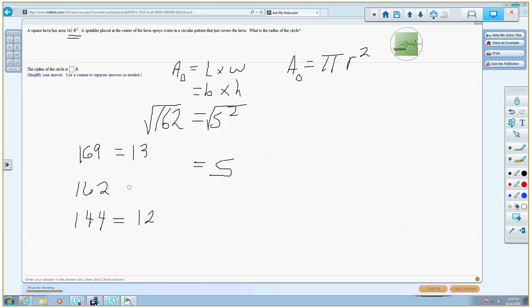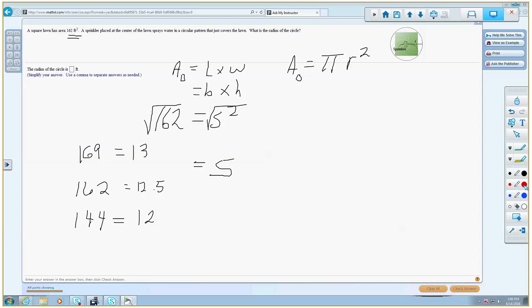Well, we know that 12.5 is in the middle of these two. 144 to 169 is 25. Half of 25 is 12 and a half. So 144 plus 12 is 156.